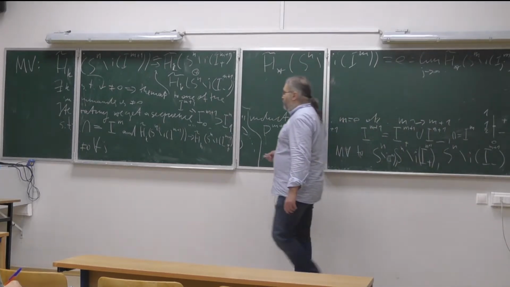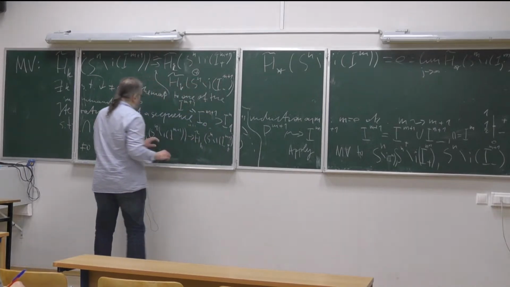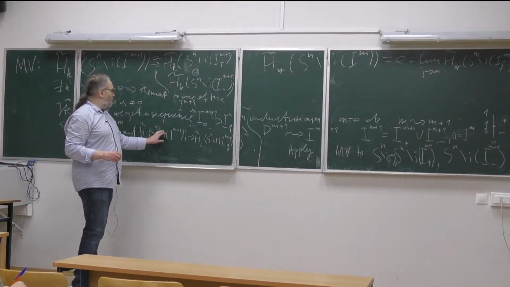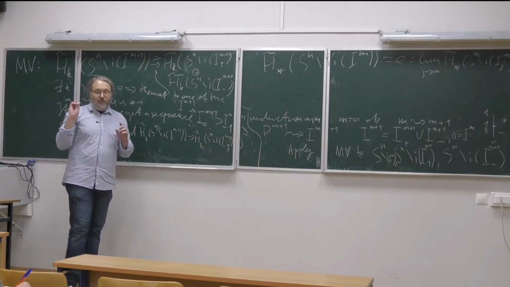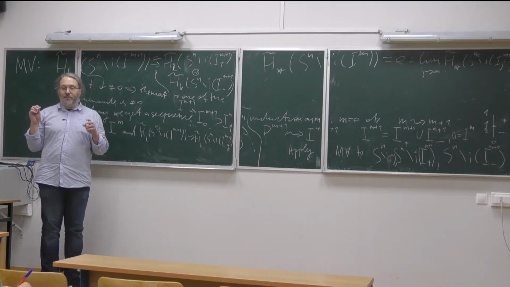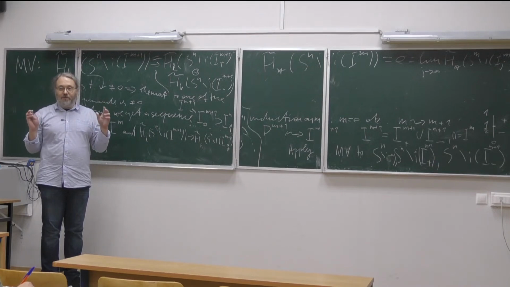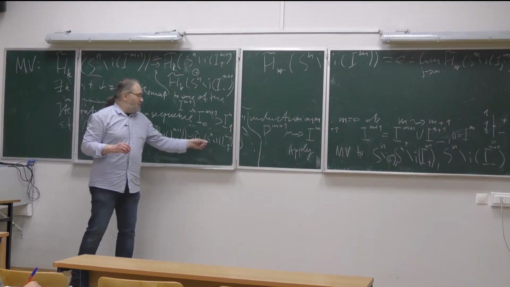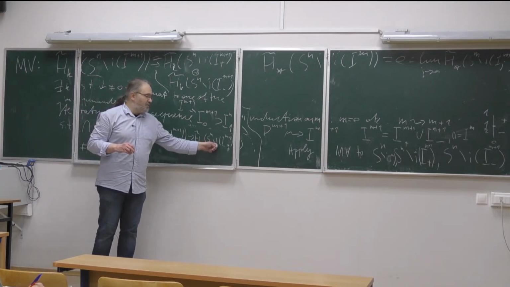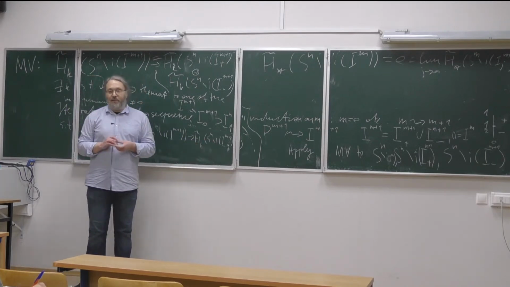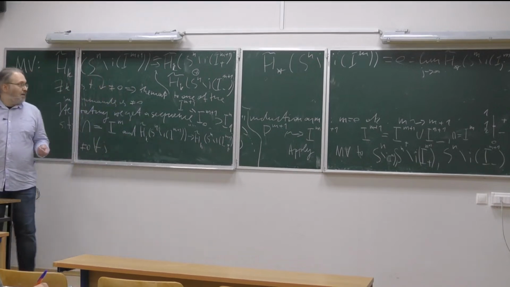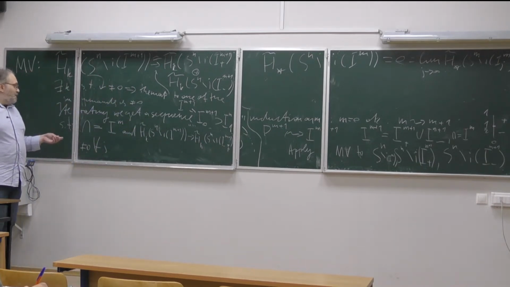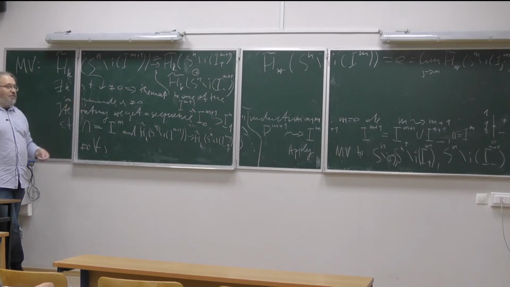Now, we use the useful properties of the direct limits. I have this group, which maps into each of these groups, and it also maps into the direct limit.